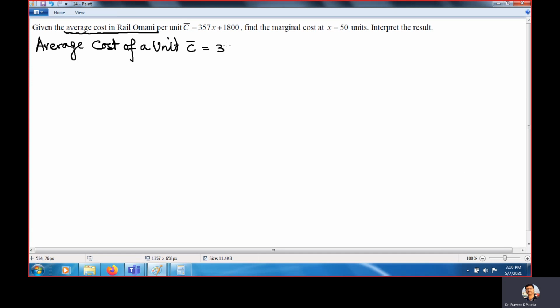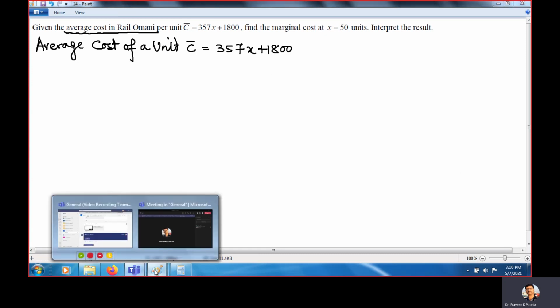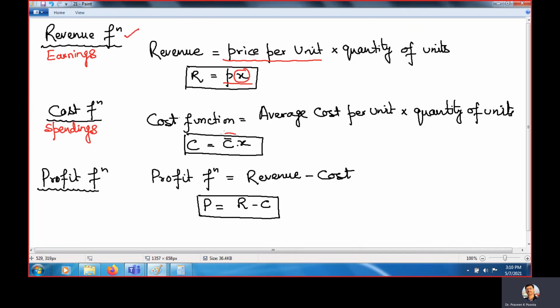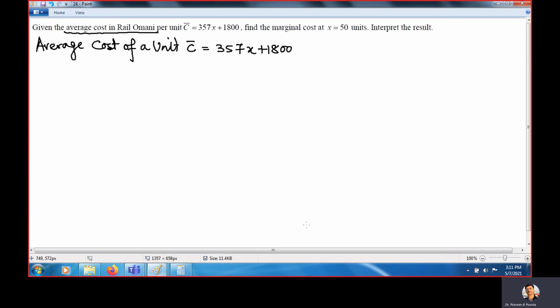C bar is equal to 357 x plus 1800. Now you can see C bar is given. And if C bar is given, to find the cost function, we need to multiply it by x. Clear? So what is this? This is cost function.